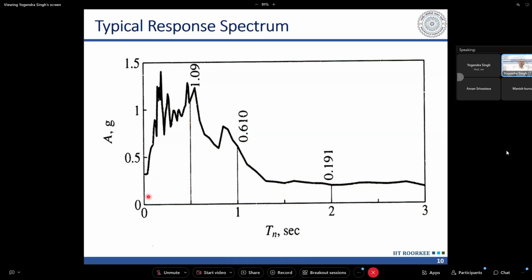This flat portion is representing that very short period, 0 to 1 by 33 second, or 0 to 0.03 second. Up to 0.03 second, the response is constant, and it is the same as that at the zero period, or what we call EPGA. It is EPGA or ZPA, and it is given in our code as the zone factor.